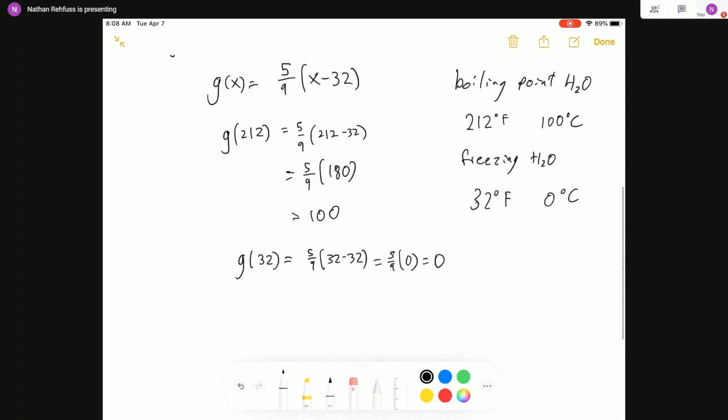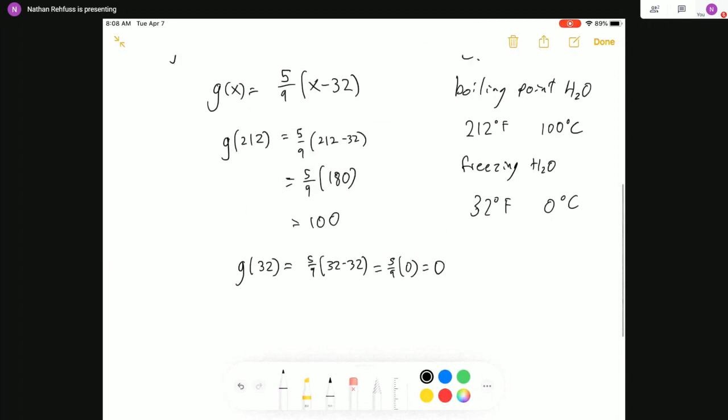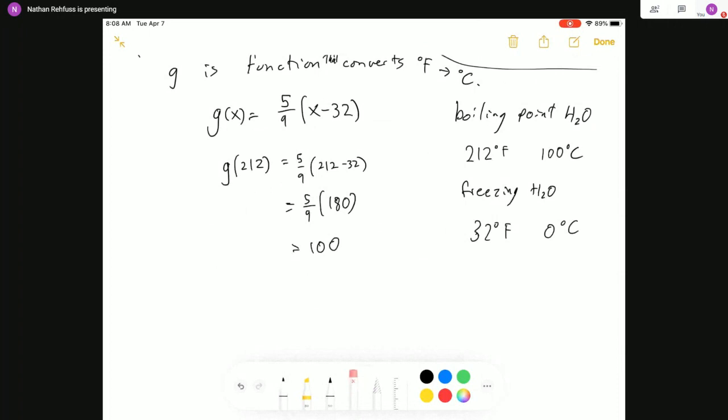And specifically, actually, let me get rid of this line. I don't want this here. So what I did to go from Celsius to Fahrenheit was first I subtract 32, and then I multiply by 5/9. So if I want to undo those steps, let me put it this way.